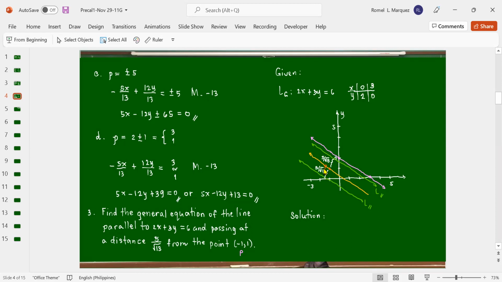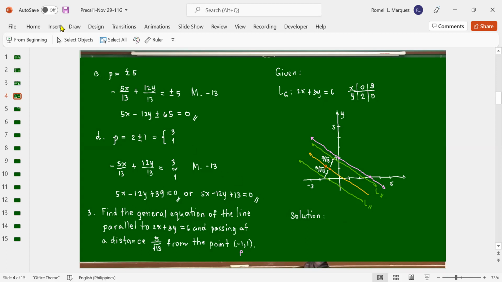So whatever the distance of the green from the point, that is also the distance of the green from the yellow line. Okay, children? So it means we are able to reduce the problem to a problem similar to number 1 and letter D, given the distance of the green from the line. Okay, not from the origin, but from the line.